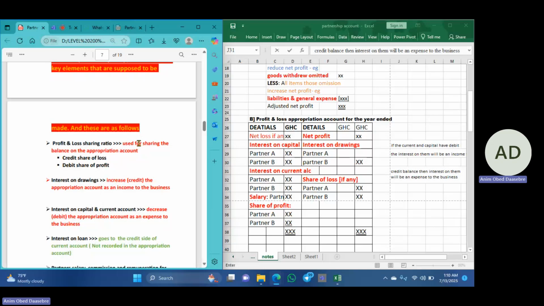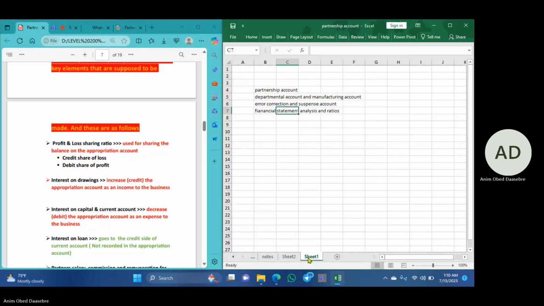So we are going to use the profit and loss sharing ratio of the partners to share the profit. So this is how we are going to work.